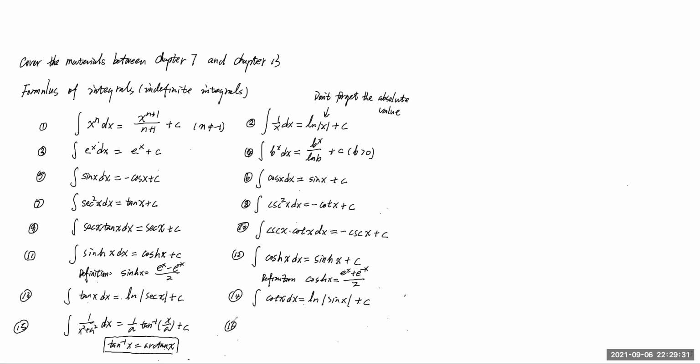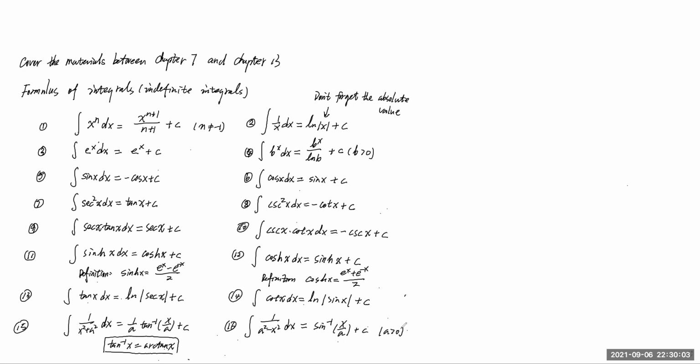Okay, 16. This is 1 over the square root of a squared minus x squared dx. A is not 0. Like what I said, if a is 0, this is case 1, the first item. So this is sine inverse of x over a plus c, here a is greater than 0.